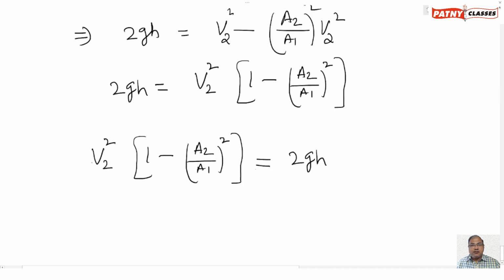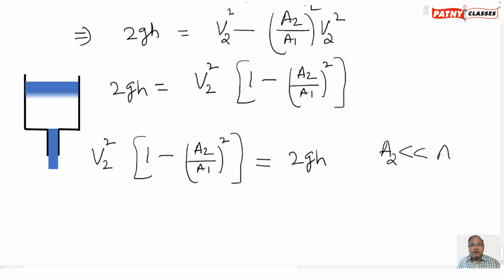Now we have to find the expression for V2. Our aim is to find V2, that is the speed of efflux. And we already said that A2 is very much smaller than A1.